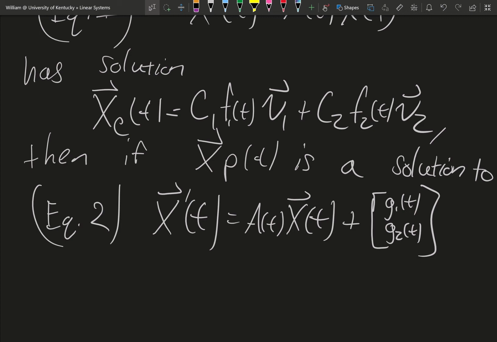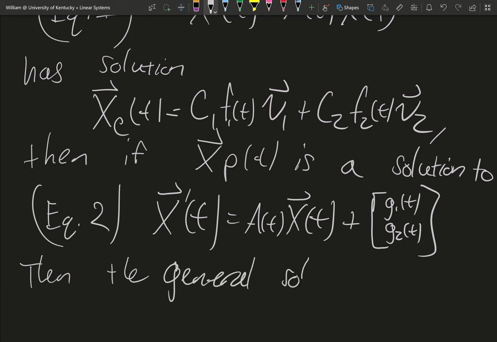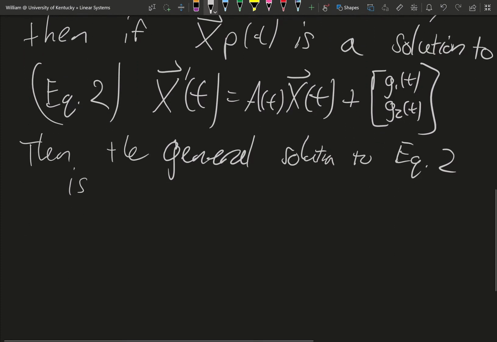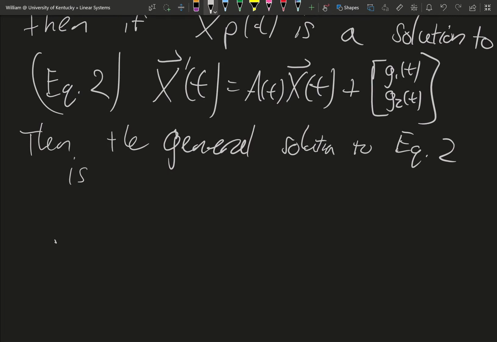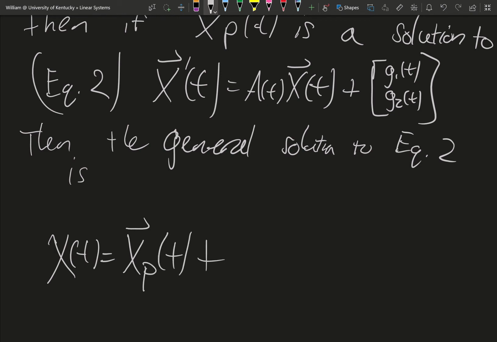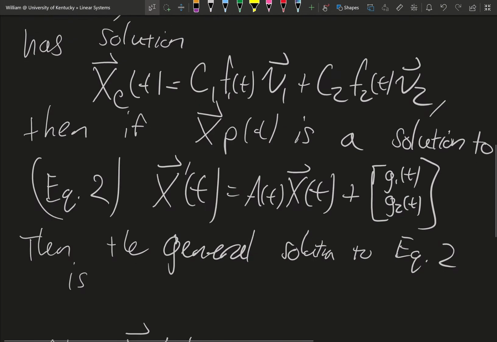Then the general solution to equation 2 is x of t equals our particular solution plus the complementary solution.